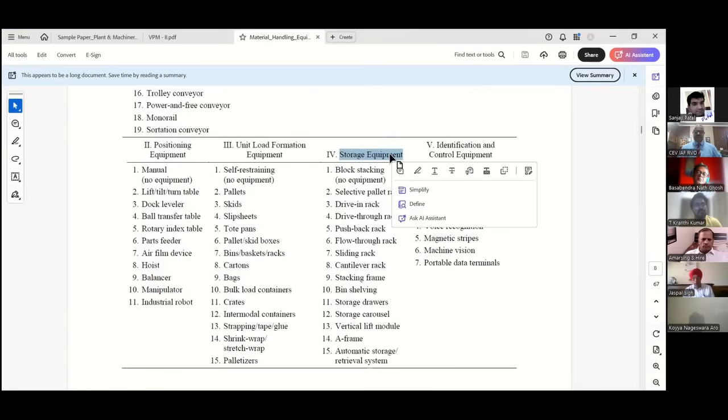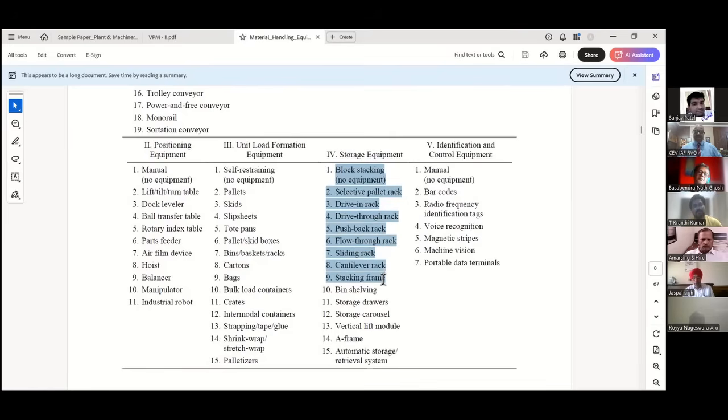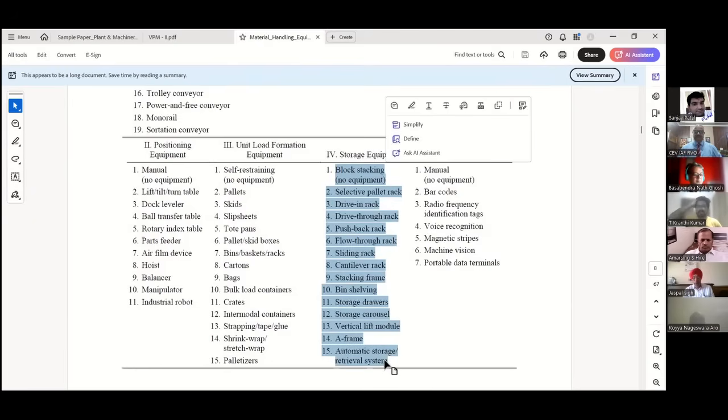Storage, that is, just like a rack type: block stacking, selective pallet rack, drive-in rack, drive-through rack, push-back, flow-through rack, sliding rack, cantilever rack, stacking frame, shelving, storage drawers, storage console, vertical lift module, A-frame, or automatic storage.